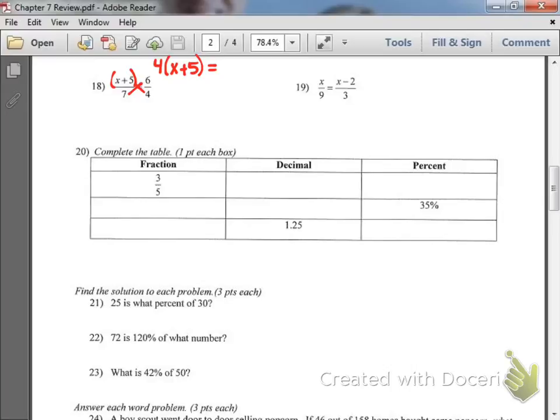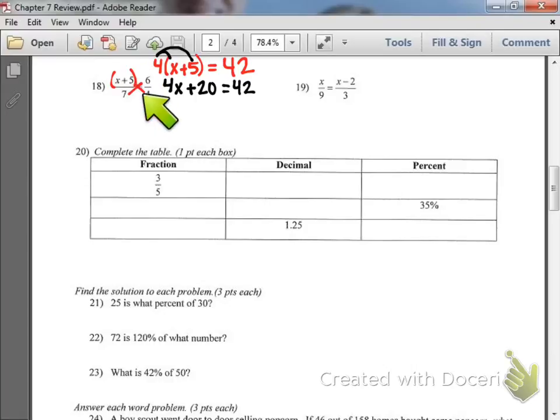Wake up, guys. 42. Very good. Now, the parentheses are telling me to distribute the 4. That's the whole reason we write it with parentheses. So 4x plus 20 equals 42.